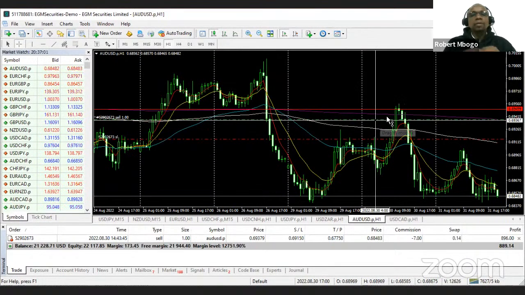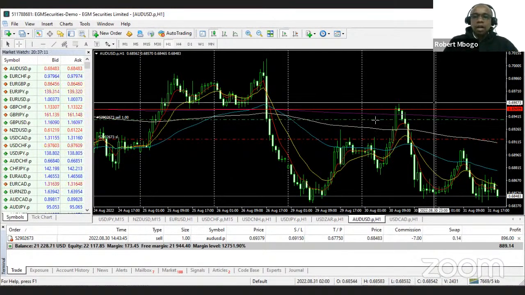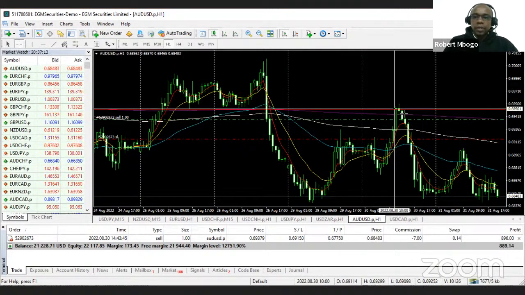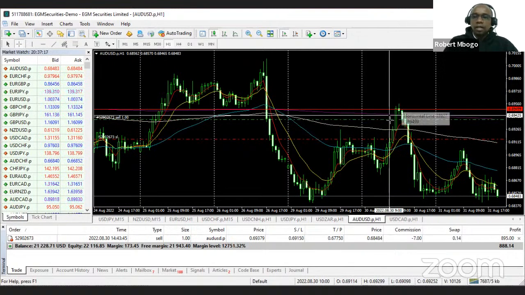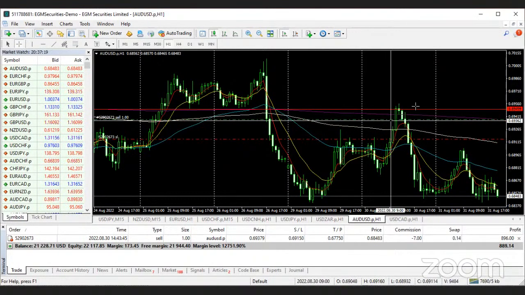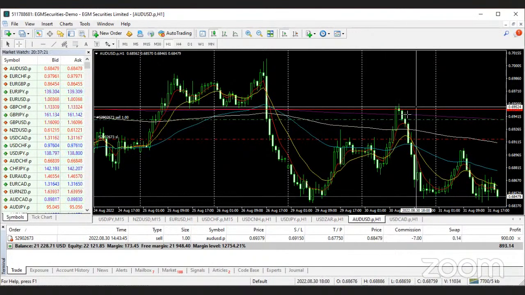And then now we can combine another confluence. Remember, we've talked about the neckline, we've talked about the 800 EMA acting as resistance. Now, for those of us who look at candlestick patterns, you can see what seems like an evening star, right?